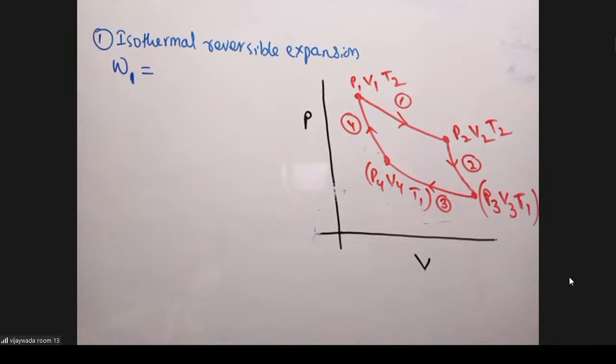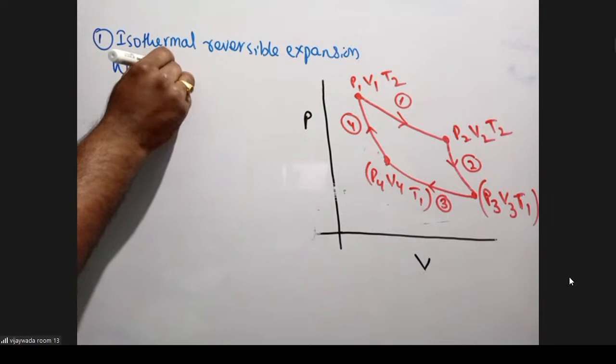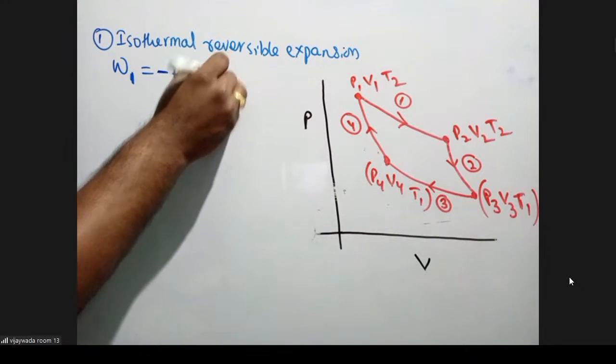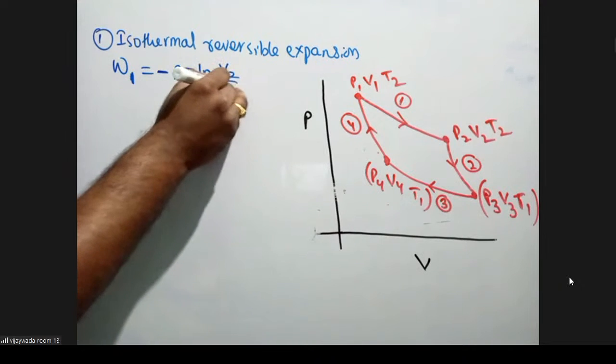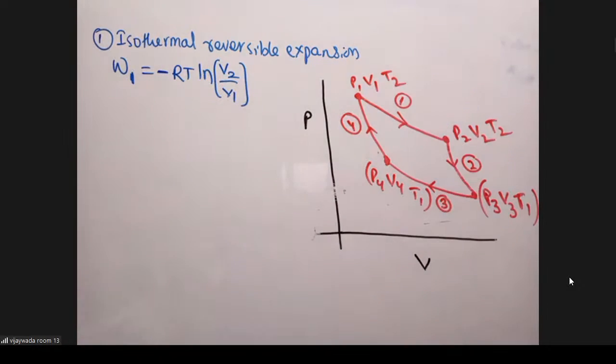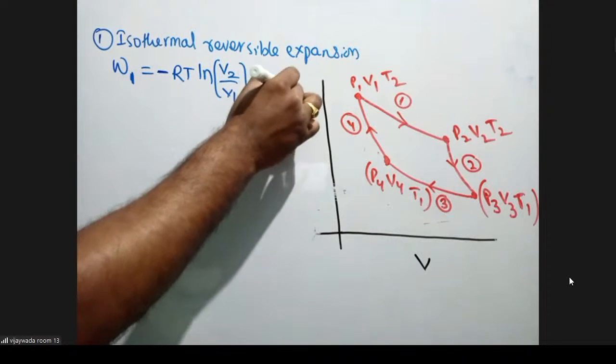Students, work done in isothermal reversible process is minus 2.303 nRT log V2 by V1. So minus, for 1 mole, RT ln final volume V2 by V1. Am I correct? V2 by V1. And it is also equal to Q1.